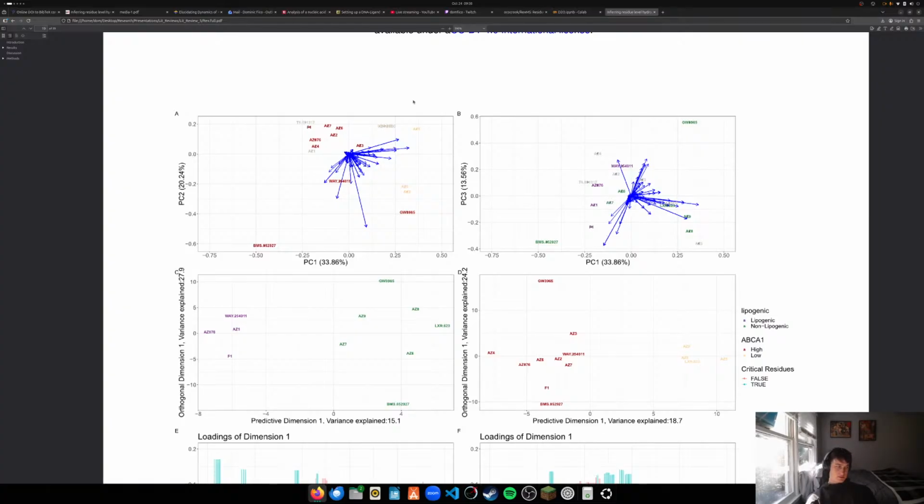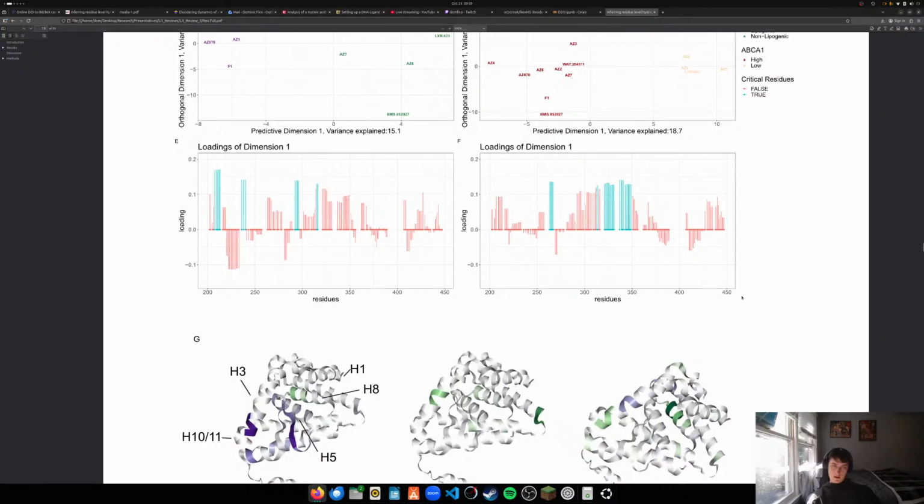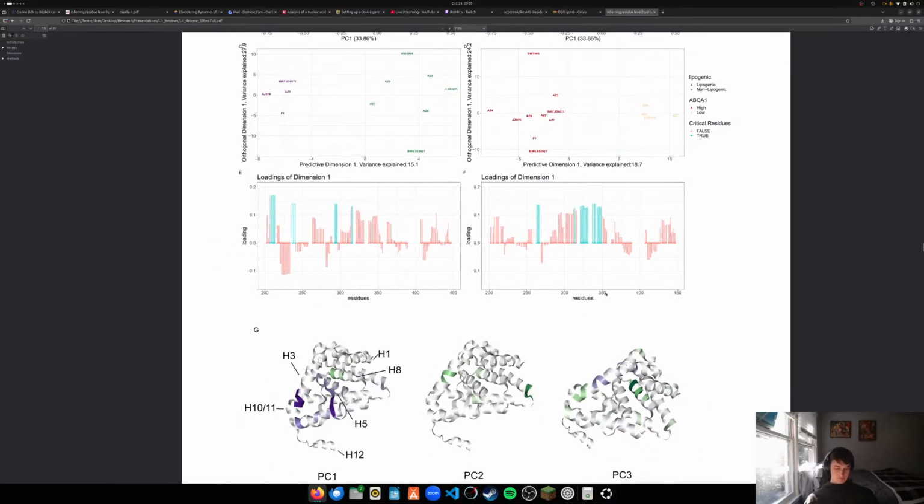Lipogenic. Hey. I'm reading a paper. I have a lit review due Monday, so I have to read 2 papers.